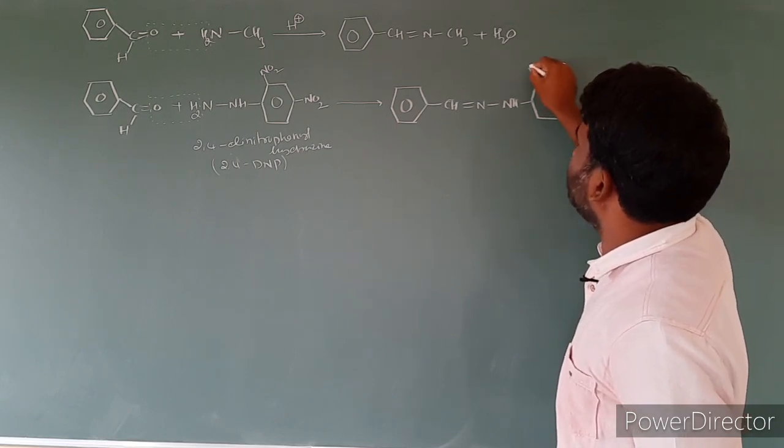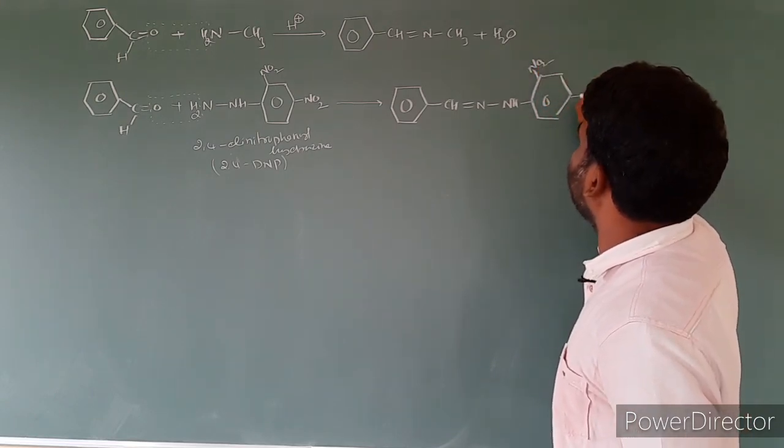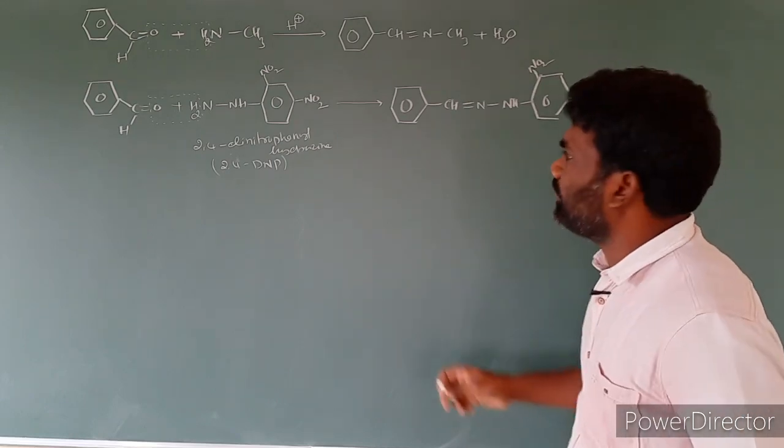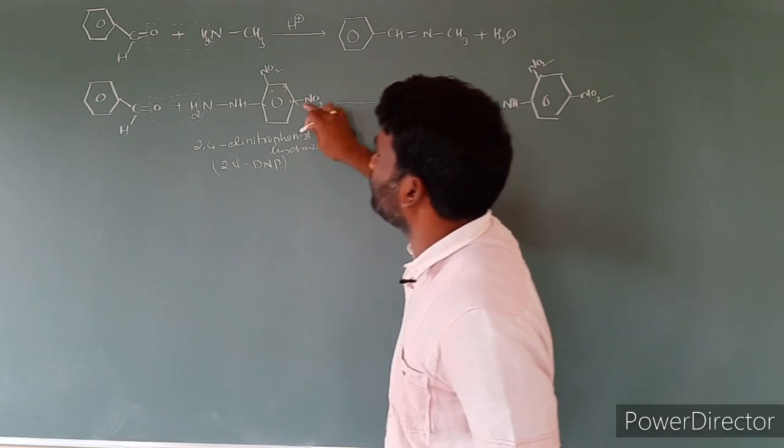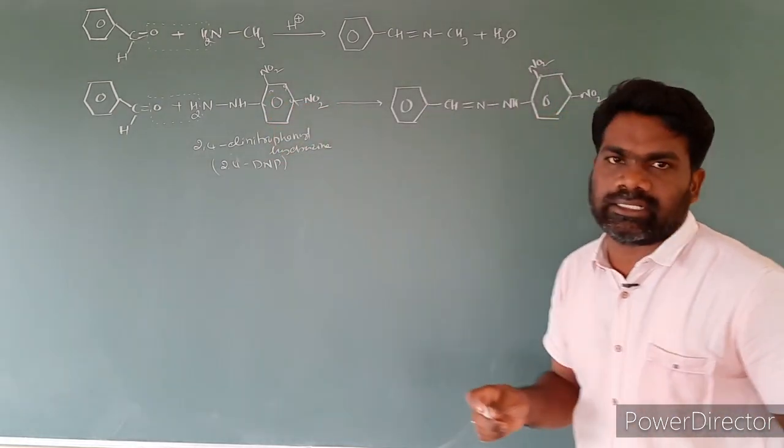At the second position there is an NO2 group, and at the fourth position there is an NO2 group. This is the first position, this is the second, this is the third, and this is the fourth. That is the 2,4-dinitrophenylhydrazine part.